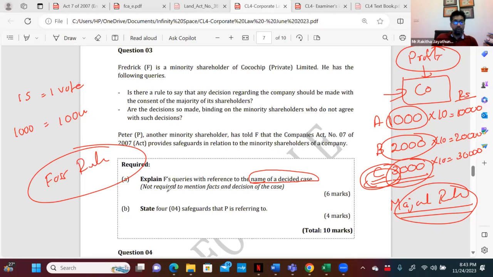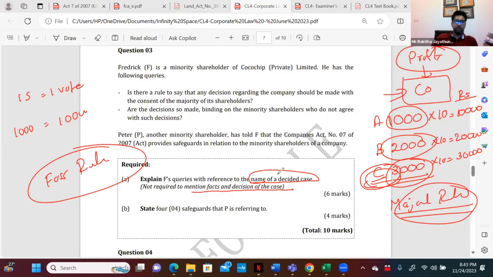Now here, there is no need to mention the facts and decision of the case. Even though they have mentioned this in plain language, don't explain the facts and the decision. Some students have still explained the facts and decision. Just work according to the instructions given. You save time, you score marks. That's the golden rule here.